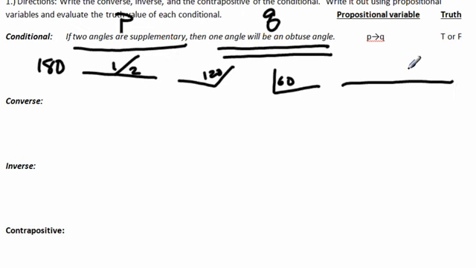The only situation I can think of is a linear pair with one angle that's 90 degrees. These are what we call congruent supplementary angles. And this makes our conditional false, and this is our counterexample. So we know this statement here will be false.